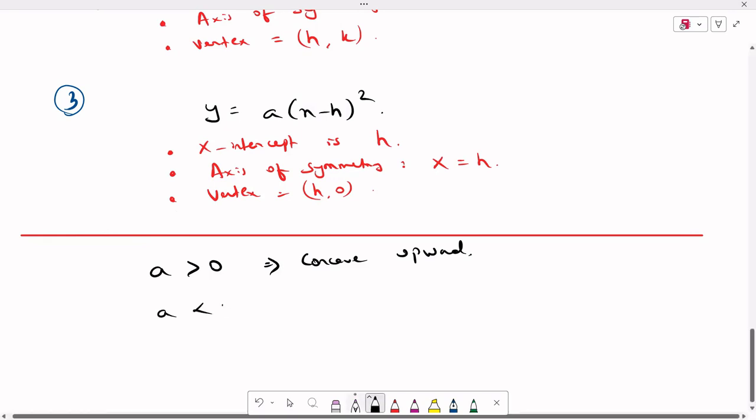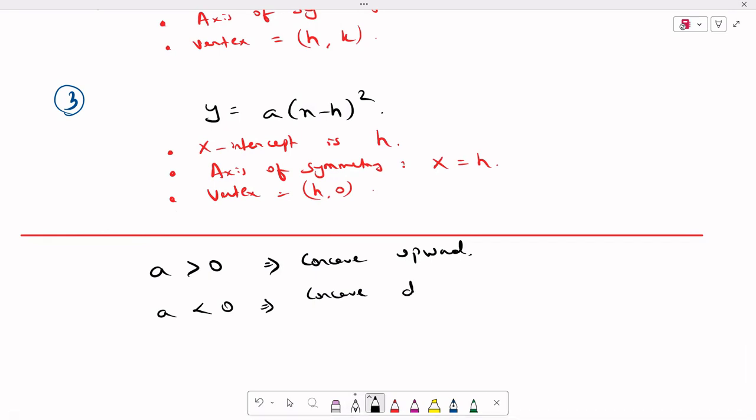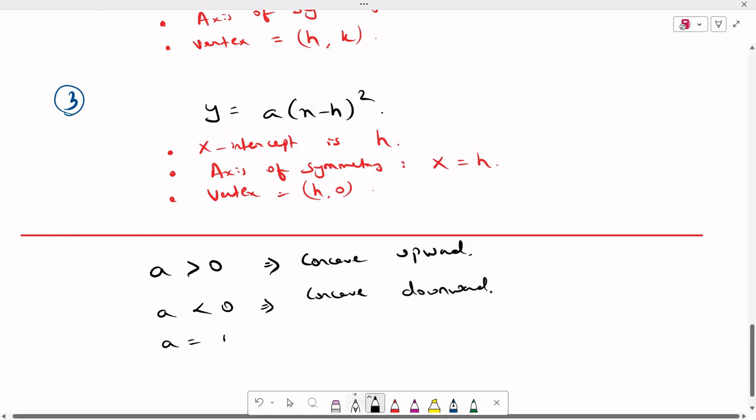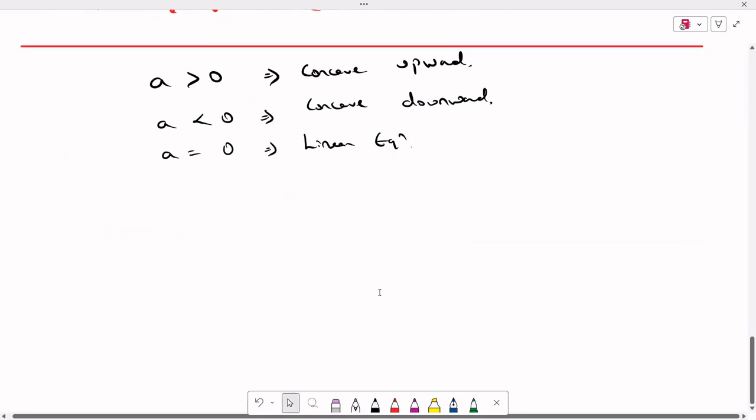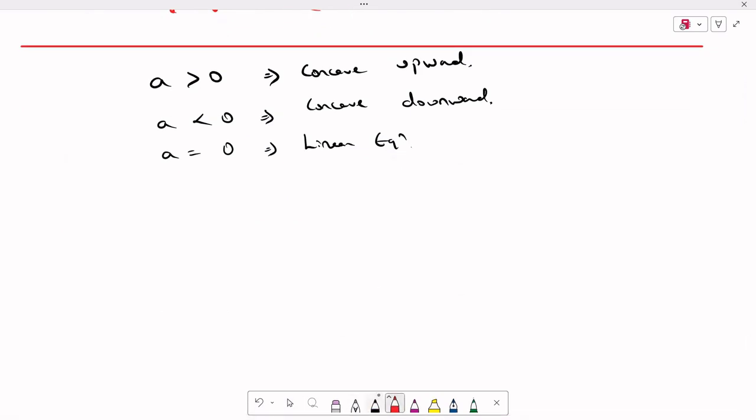If a is less than 0, then we get a parabola which is concave downward. If a is equal to 0, then it will not be a quadratic equation anymore. It will become a linear equation.